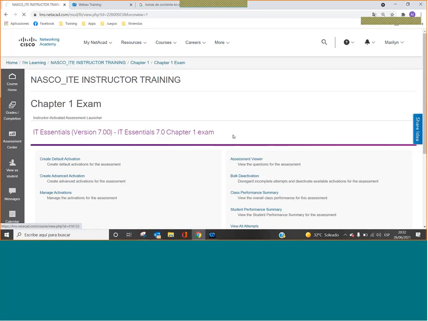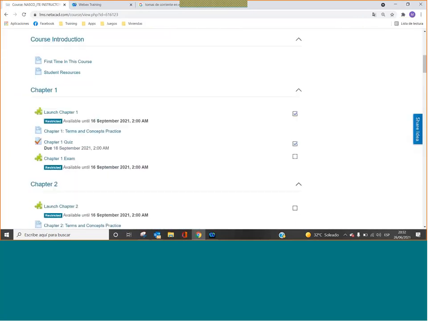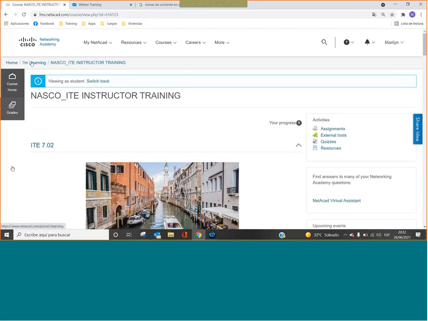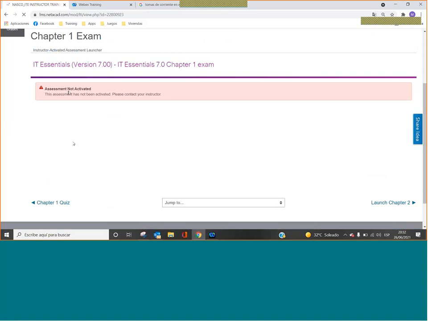Why not click as student? You know, you logged in as a facilitator. You need to log in as a student. Yeah, as student. Here I'm entering. I also see the exam here as disabled. As a student. Oh, really?